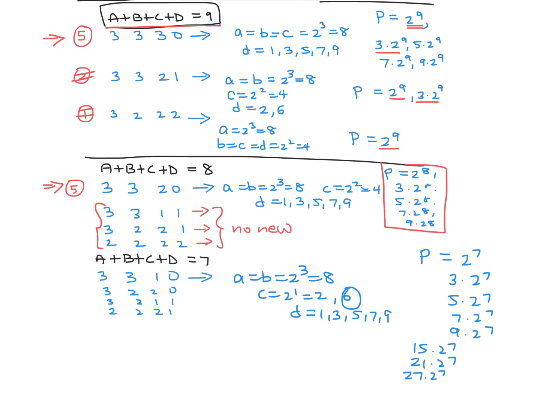So this is 8. So there's 8 unique ones. And then these three, when you calculate them, will give you no new values of p, no unique ones. So the grand total is this 5 and this 8. So that's 18 unique values of p that match the criteria of the question.